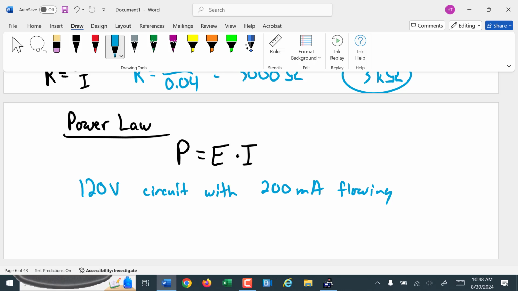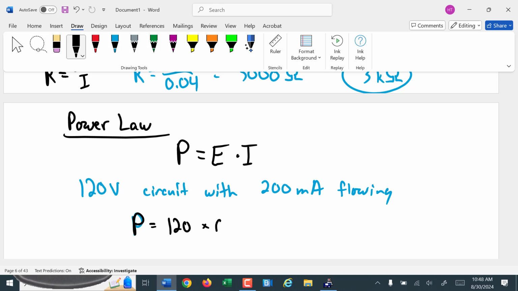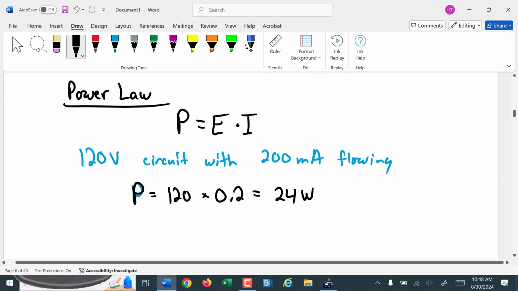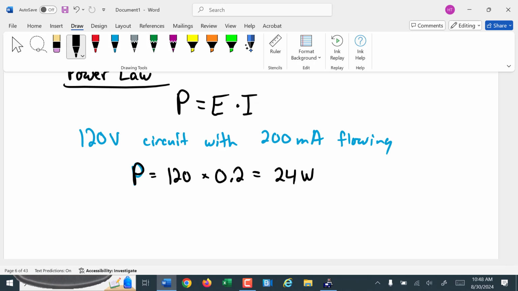For a 120-volt circuit with 200 milliamps flowing, power is just the voltage of 120 times 200 milliamps, which goes in as 0.2. That's a 24 watt circuit.